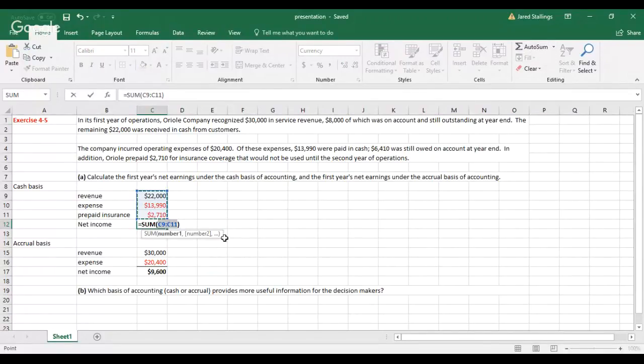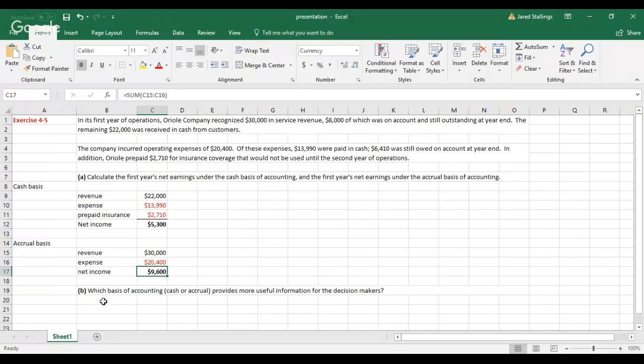It just assumes what you're going to do. And if it doesn't pick the right ones, you can change this box. Then you just click the check mark and it gives you that $5,300. That's your net income. I bolded it so that you could see it easily. Down here, in accrual basis, the same kind of thing. You auto sum it and you get $9,600. So those are the answers.